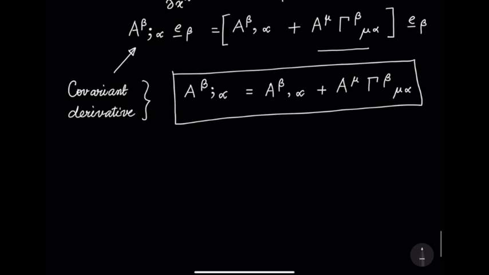What is the mathematical nature of this? Okay, so you see, this has one index upstairs, one index downstairs.